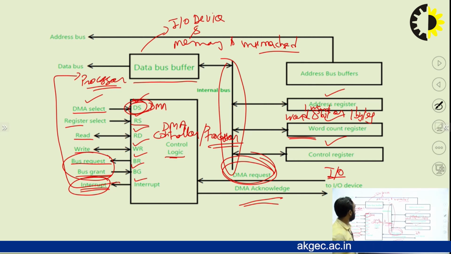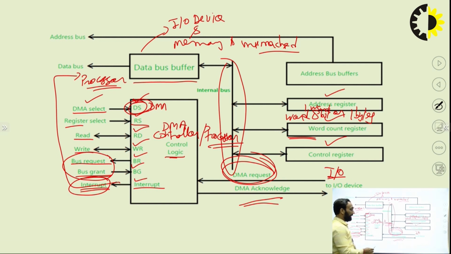So hopefully you understand all these operations and the circuit required within the control logic, which is known as the DMA controller. After that, DMA select is allocated to the control logic and it will send a DMA acknowledgement signal at last. That means the processor allocates all the power to the DMA controller, or we can say the control logic, to share data between memory and IO devices.